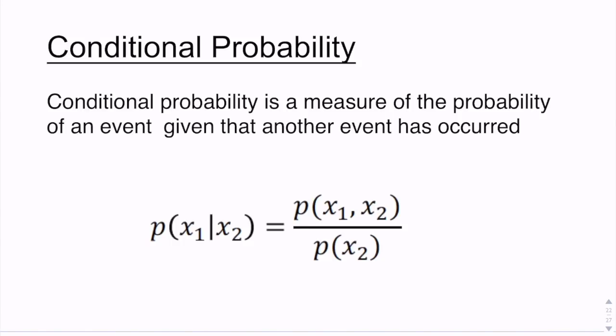So the conditional probability is the probability for a random variable provided that, or given that, another random variable has already occurred, or another random variable is now a deterministic value.